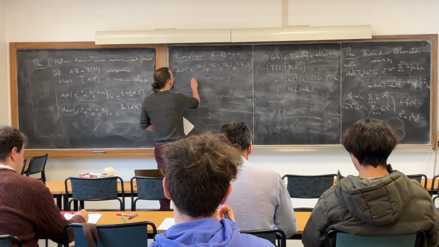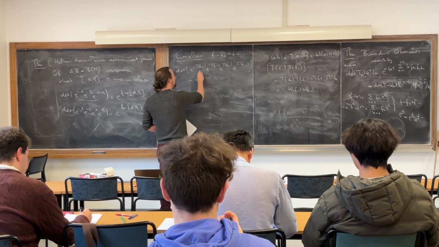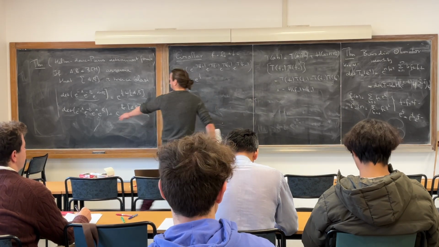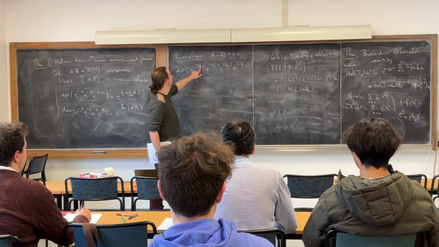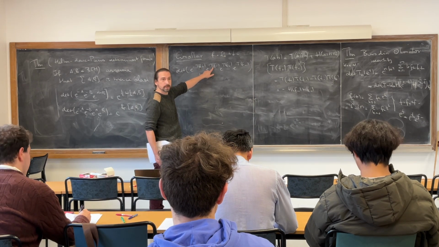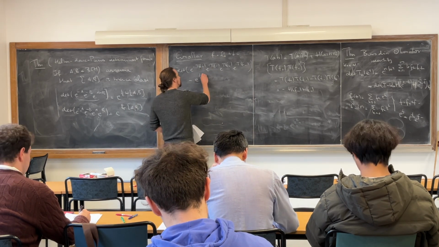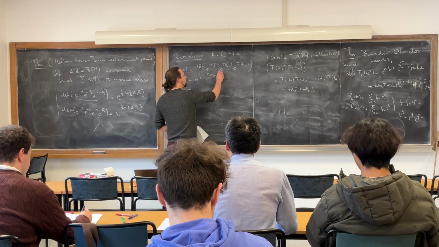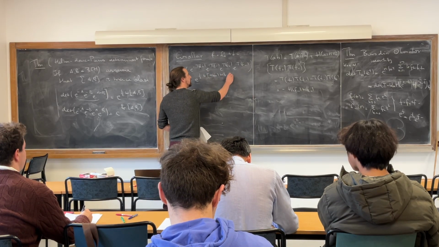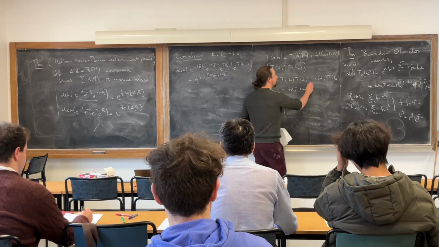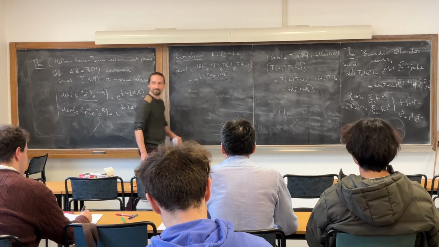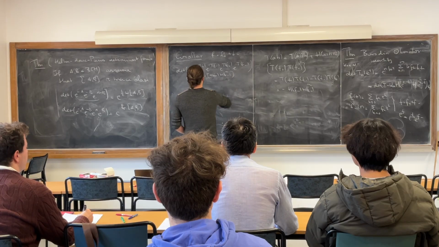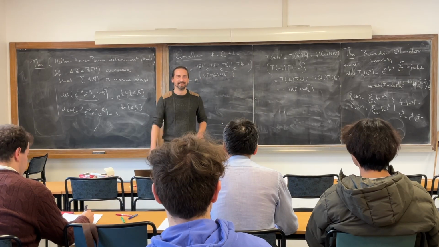So if I apply this theorem, what I will get is e to the, and you can just check it, you have to take A and B to be T of f plus and T of f minus. What you get is the trace of H of f plus times H of f minus twiddle. There is no half.